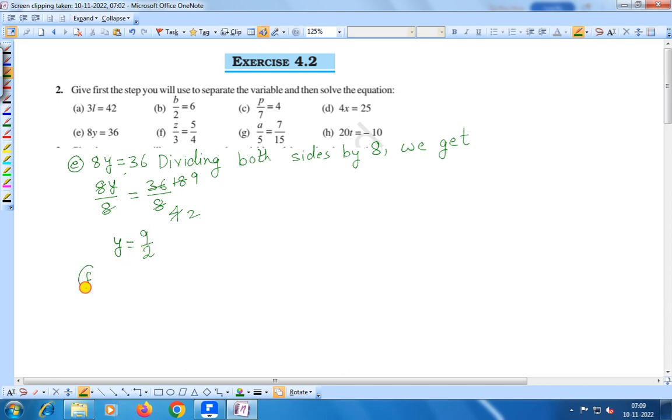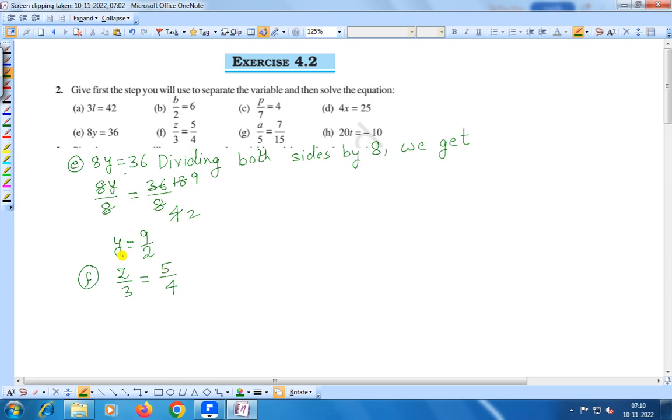Question number F, you see here, is z by 3 is equal to 5 by 4.